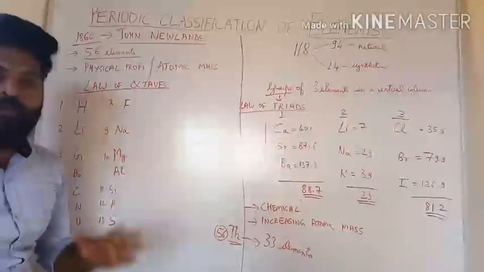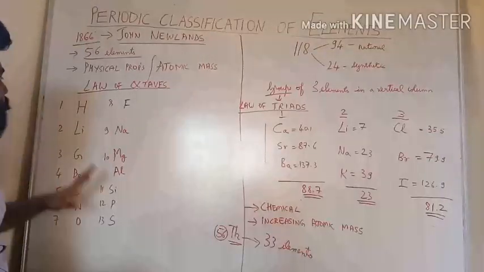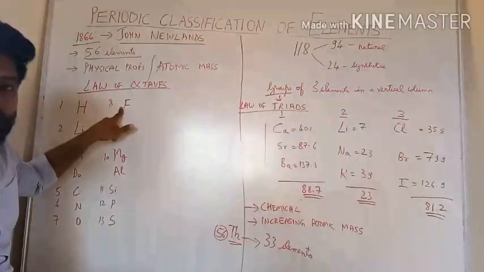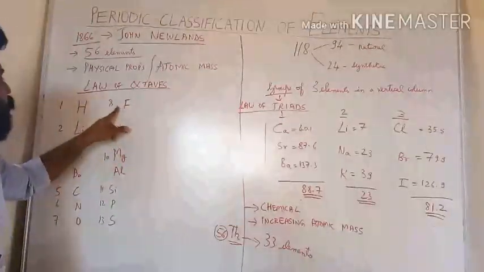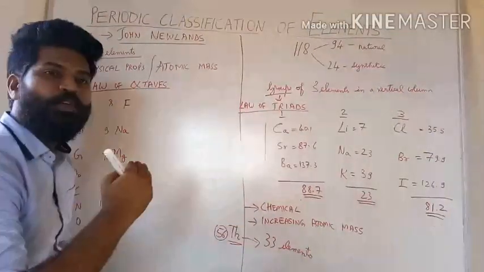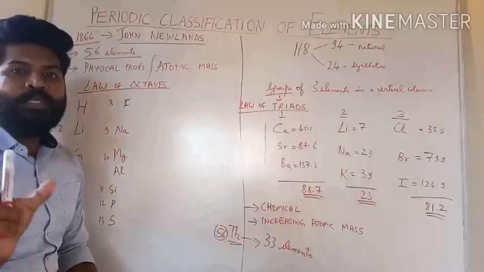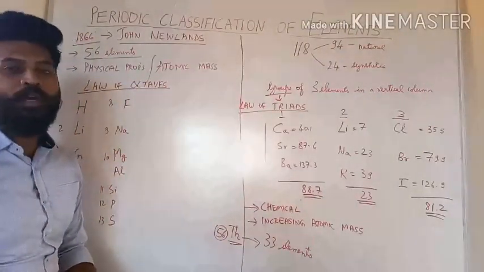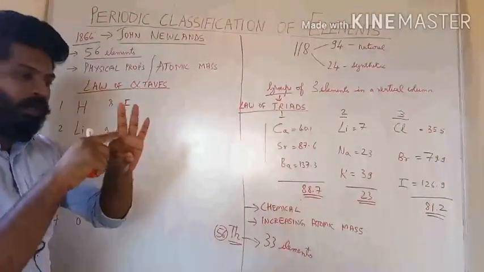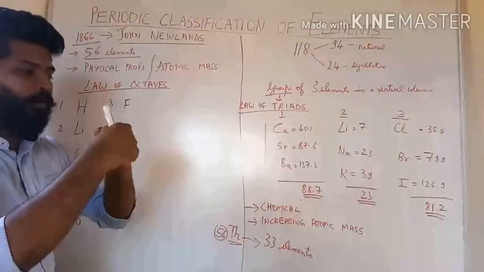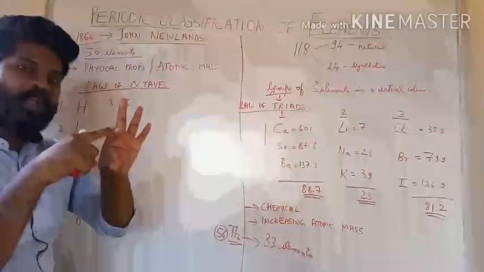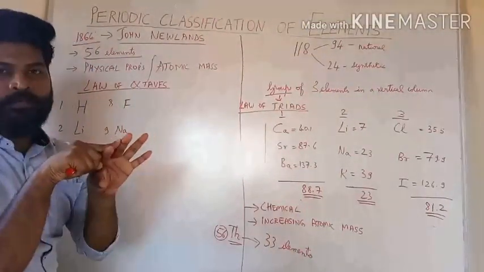He observed that the 8th element will have properties similar to the first element. For example, when you arrange the musical notes in an octave, in the Indian musical system we have sa, re, ga, ma, pa, da, ni, the 7th one, and the 8th one is once again sa.